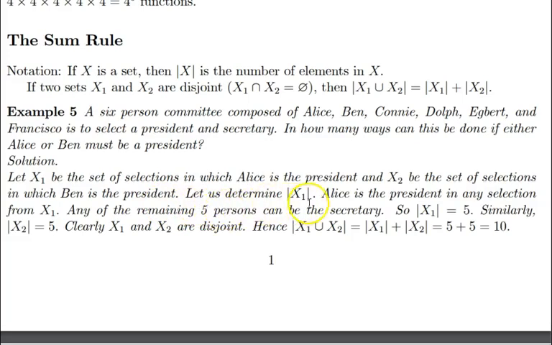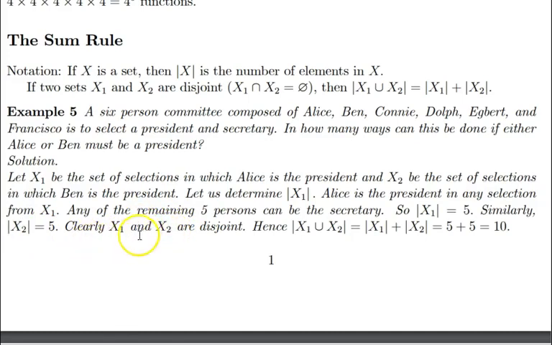First, we'll determine the cardinality of X1. Alice is the president in any of these selections, and any of the remaining 5 persons can be the secretary. So X1 has cardinality 5. Similarly, X2 has cardinality 5, and X1 and X2 are disjoint.